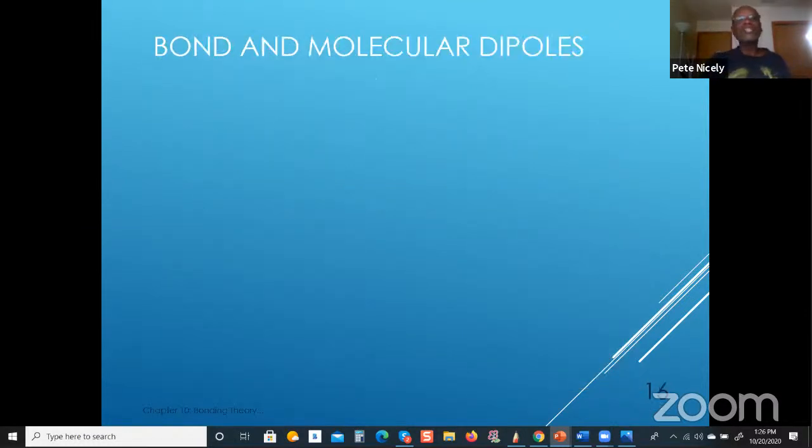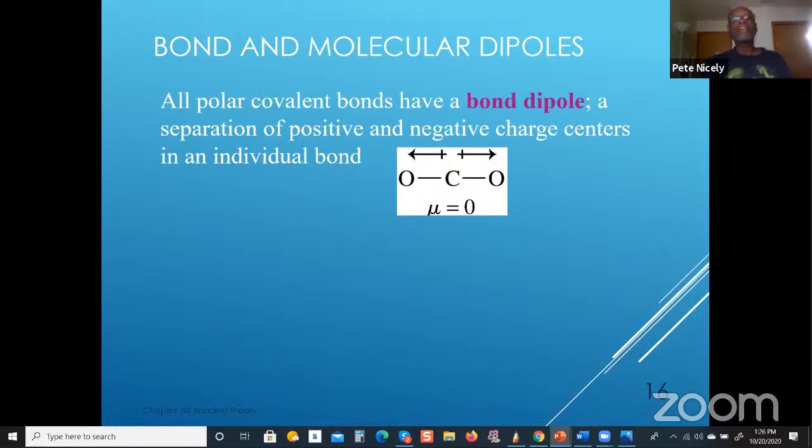Okay, so that's one property of polar molecules. They align themselves in the presence of an electric field. Now, let's talk about polarity of molecules in particular. One thing you need to recognize about bonds in terms of polarity is that the polarity that is measured does not only have a quantitative property.